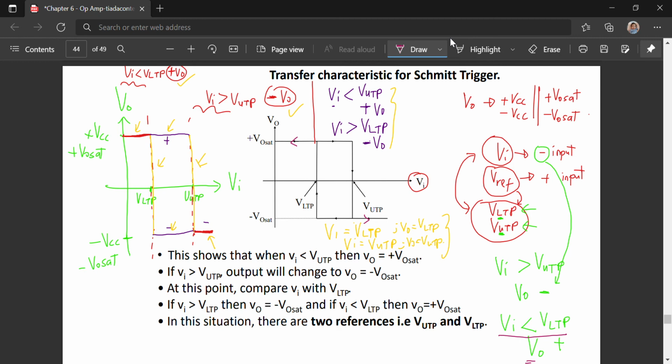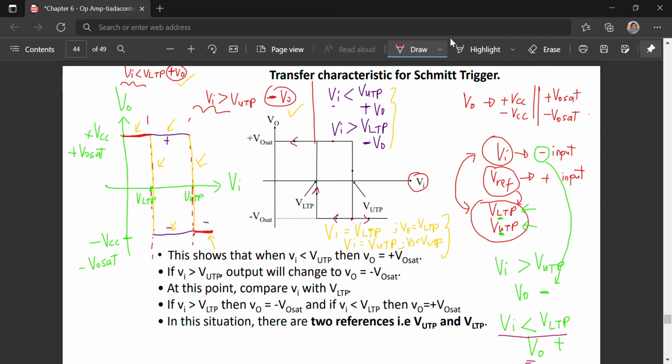And then at this point, VIN equals VUTP, you will get a negative VOUT because VIN will be less than VUTP. So the arrow will go to VLTP, and from the VLTP value, it cannot go down because the output will tend to go to the positive part of your VOUT. That's why the arrow is pointing upward.